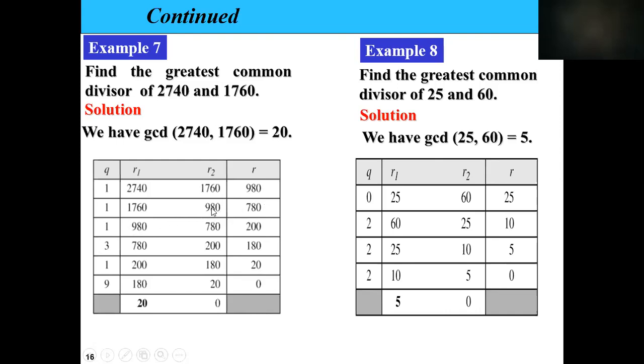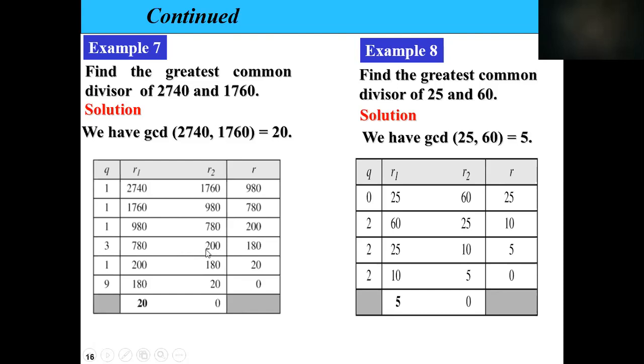Then you place 780 and 980 over here as q1 and this as q2, and divide. You will get 200 as a remainder, and the quotient is again 1. So 780 is placed over here, and then 200 is placed over here.